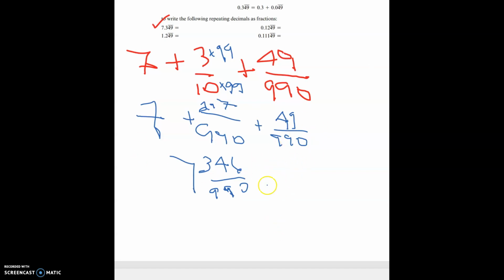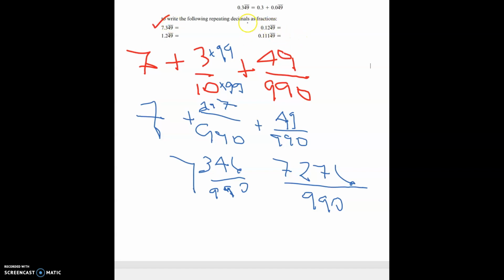And so if you wanted it that way, it's going to be 7,276 all over 990. And again, if you have a calculator and you want to double check it, you get 7.3 and then 494949. Now your computer might round it to the 5 or something like that.